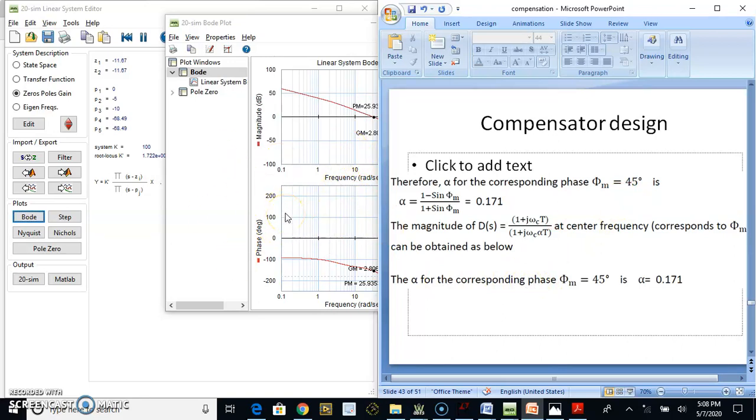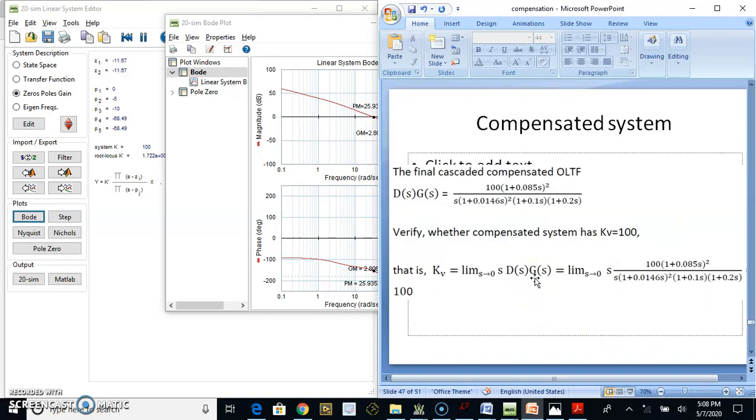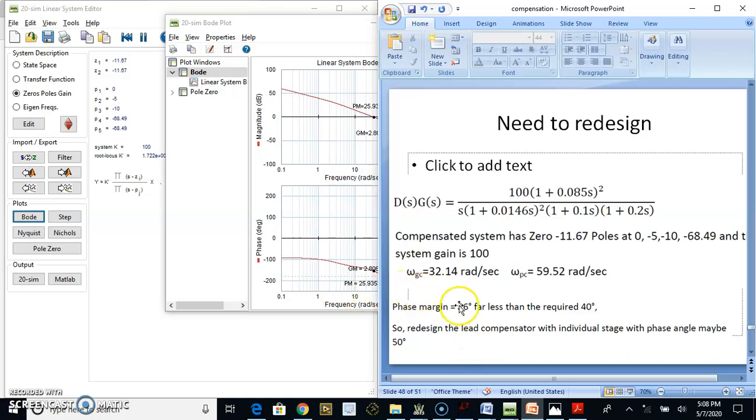This way we can understand how the phase lead network coming in cascade with the plant network gets the desired phase margin, and of course the steady state error also. In this case, the steady state error of 0.01 is met. Of course the phase margin will also be met if you consider a slightly higher phase for each of the stages. That can be done in one or two iterations.